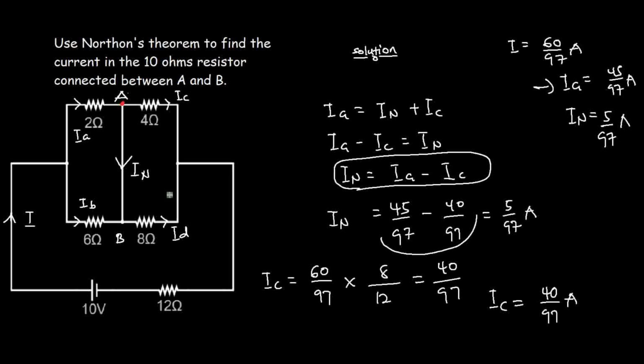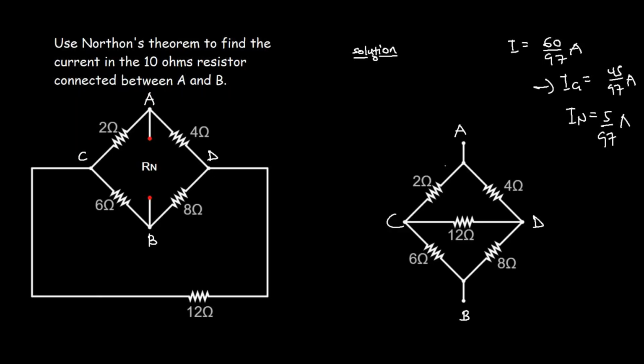Okay, so now that we are done finding Norton's current, we have to find Norton's resistance. So let's go ahead and do this. To calculate Norton's resistance, this is how the circuit is going to be. You are going to short circuit all voltage sources and then open circuit all current sources.